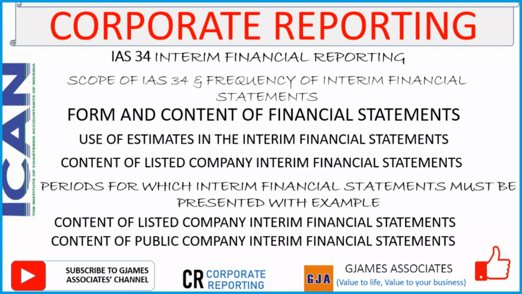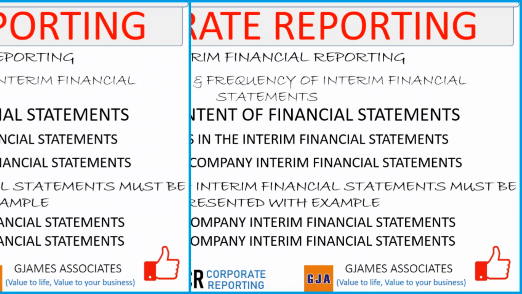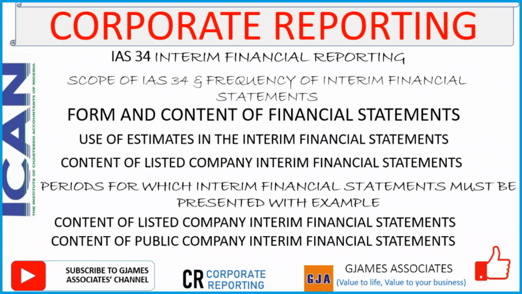We had looked at the scope of IAS 34 and its frequency of interim financial statements, the expectation of IAS and its guidance, and the difference between IAS 1 and IAS 34 on the scope of interim financial statements or financial statements generally has been looked at.